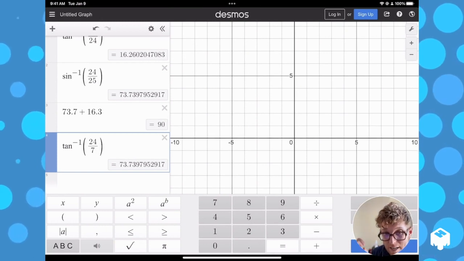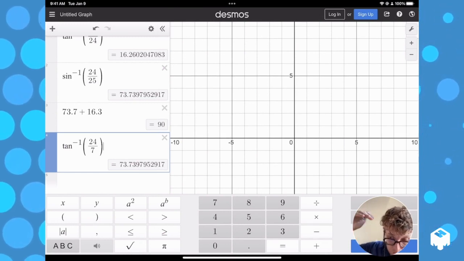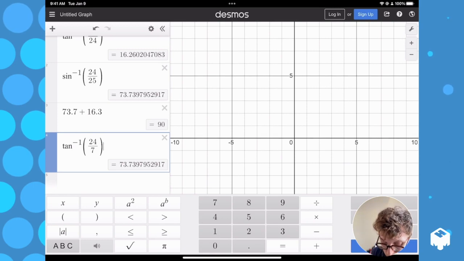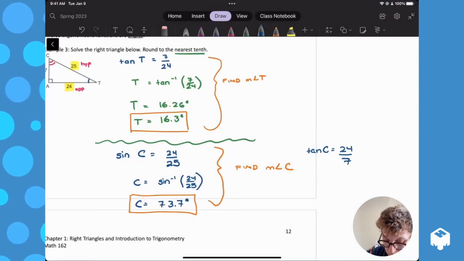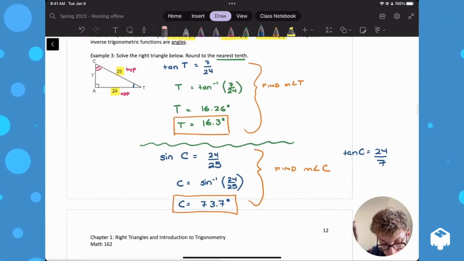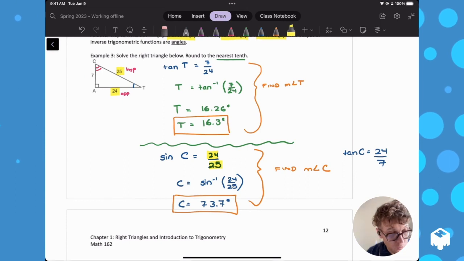So you can set up all the ratios, and if you know both the numerator and denominator, one of them will have to work. You can guess and check that way by setting up ratios. You just want to know the numerator and denominator of the ratio. You don't want one of those to be missing.